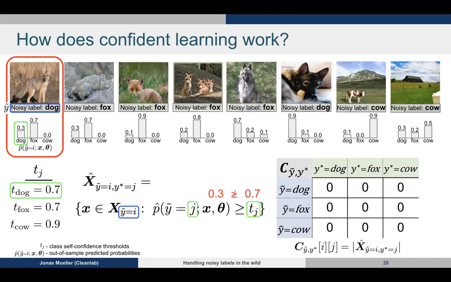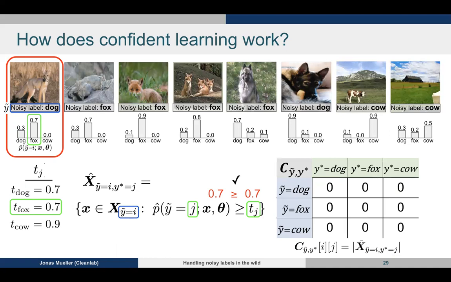We see that the probability of 0.3 for class dog is not bigger than 0.7. Then we look at the predicted probability for the class fox, and we see that it is bigger than the threshold for class fox, which was 0.7. They're equal here, but we just do greater or equal.